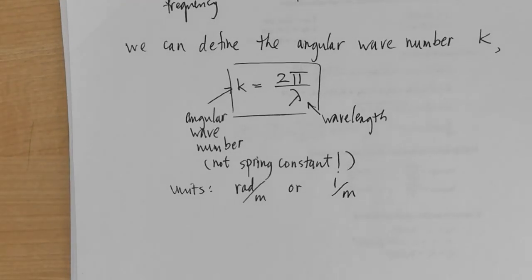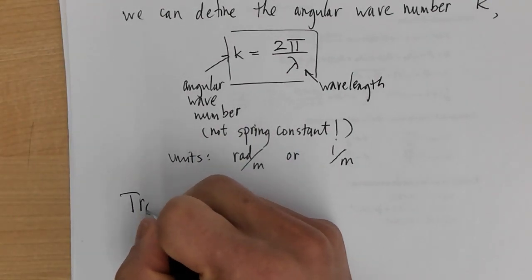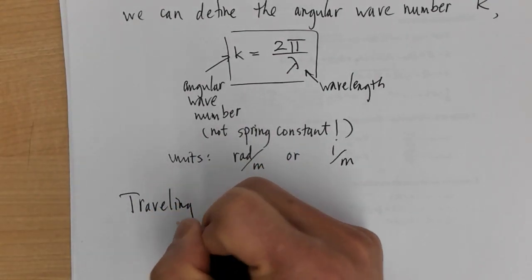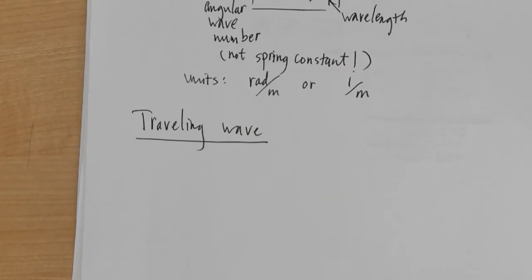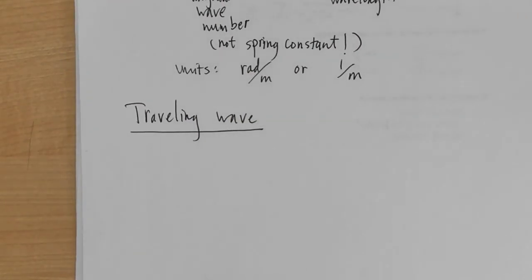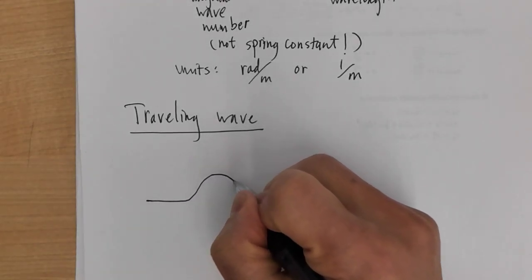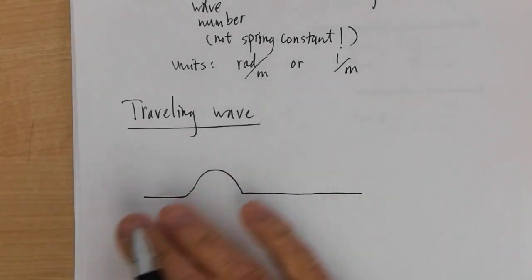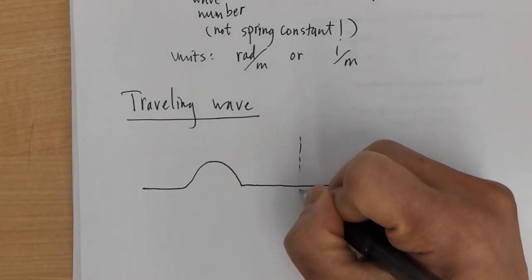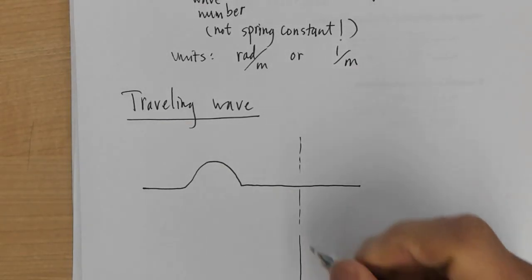So we're going to be talking about traveling waves. By traveling wave, I mean something that actually moves in a very specific way. The idea of a traveling wave is, suppose I have a little wave pulse, like this. So this is drawing position, and let's say this is x equal to 0.